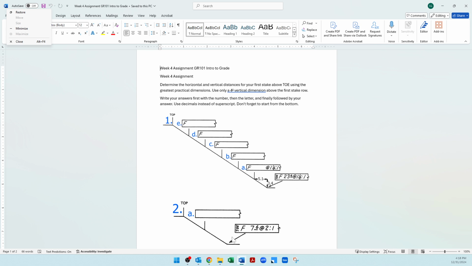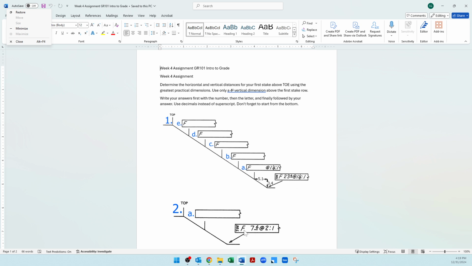At a 2 to 1 ratio, what would that be? Right here. All right, now stay with me. 3.6 is done here. So it's 7.6 minus 3.6, and that leaves 4 foot. So fill 4 foot goes right here.